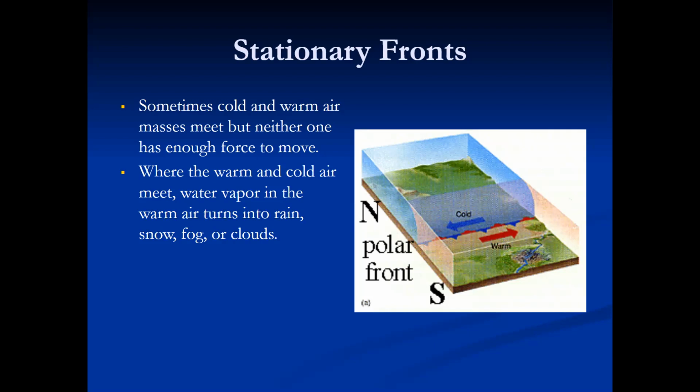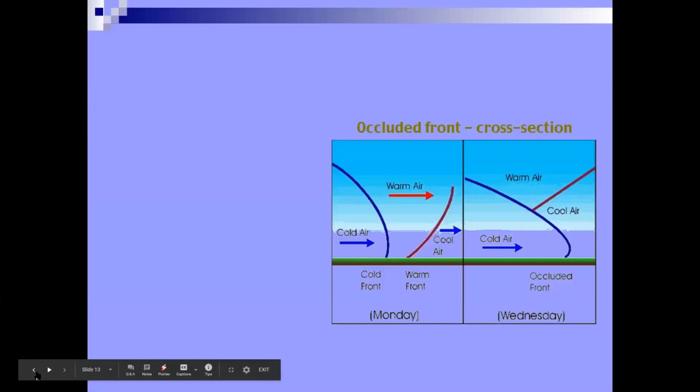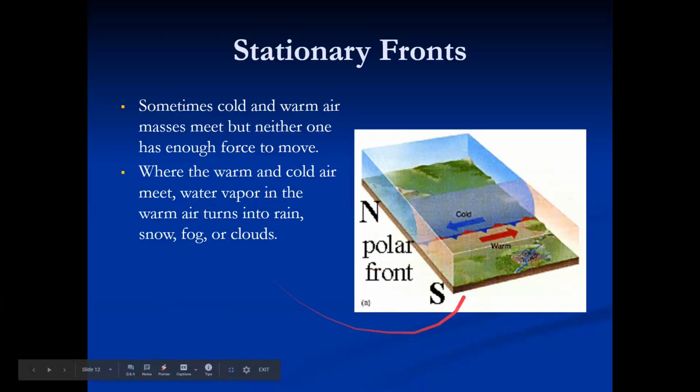It's going to be kind of consistent. And if you're right on the boundary, you might get some drizzling, some light rain for a while, or just some fog. That's really it for stationary front. Not much is pushing either way.